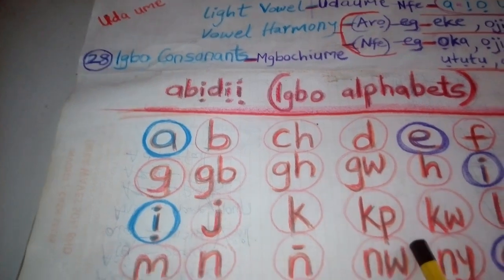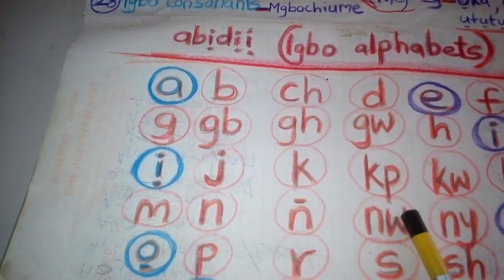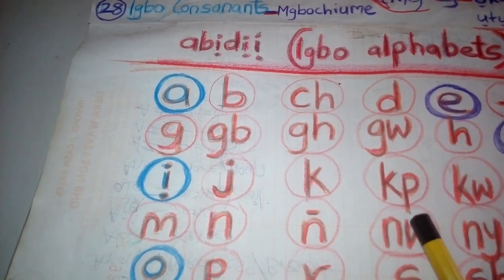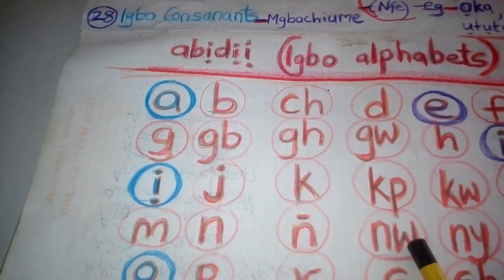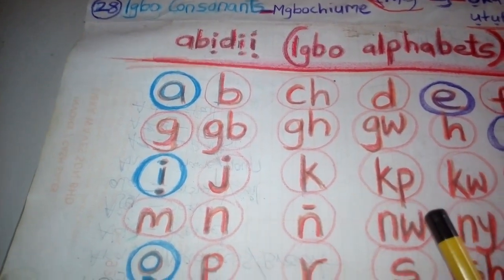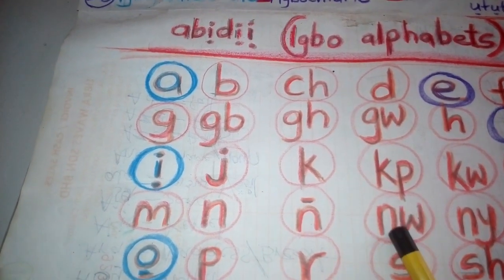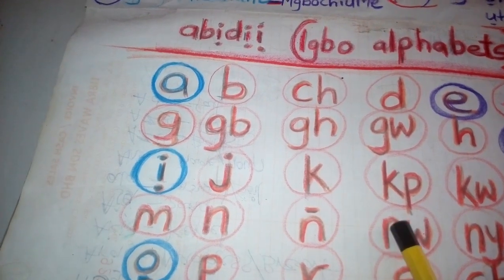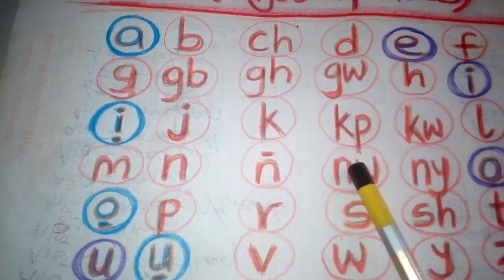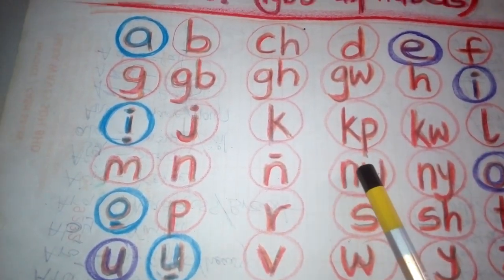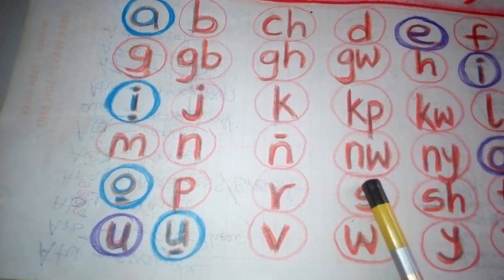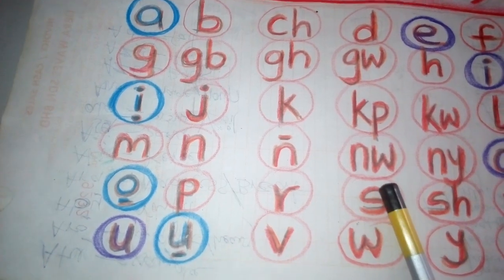So Igbo vowels are divided into two groups: heavy vowels and light vowels. Heavy vowels are called Udaume Aro in Igbo language, while light vowels are called Udaume Mfe.